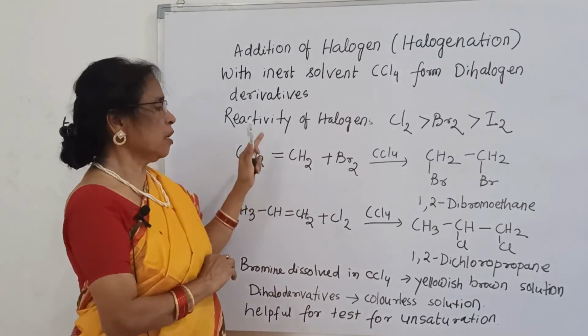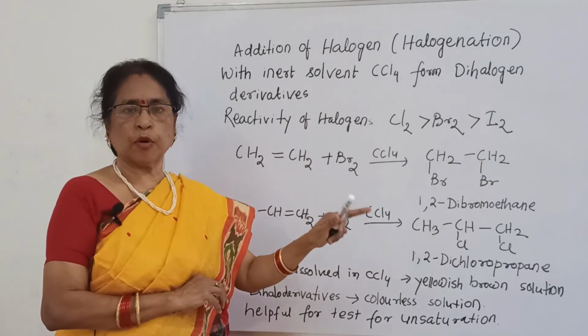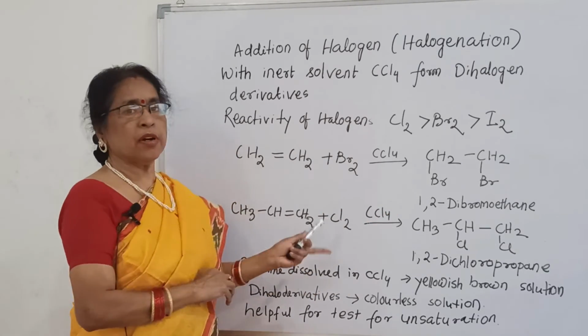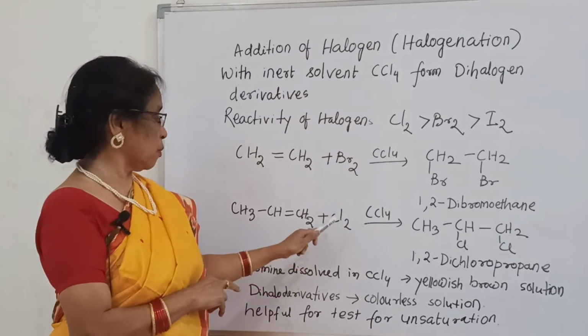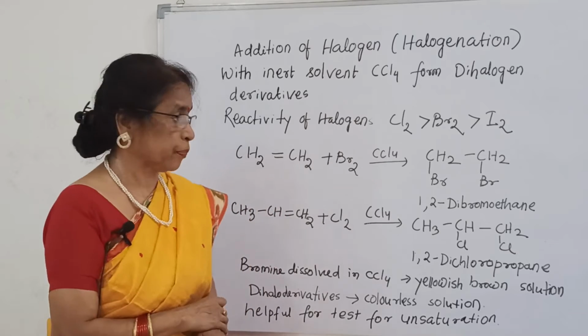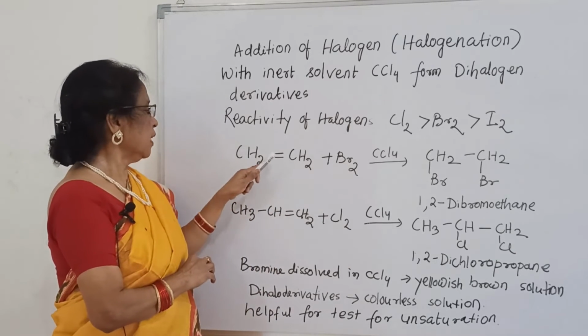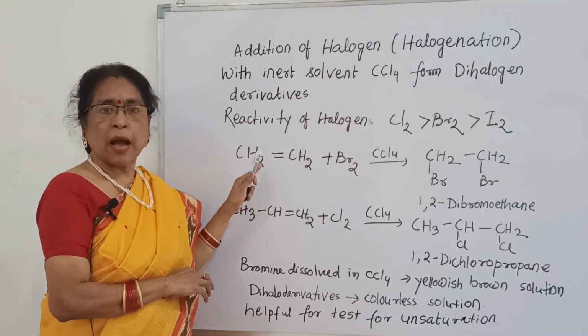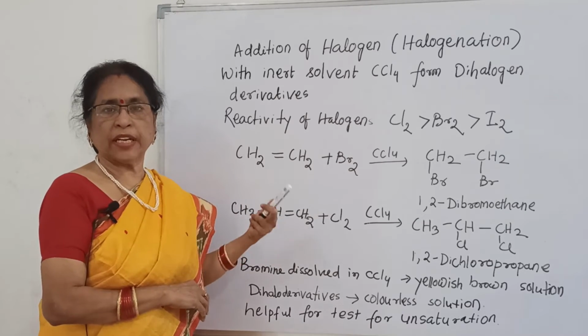Since 2 carbon, 1,2-dibromoethane. It is 3 carbon, 1,2-dichloro, because chlorine you have taken, 1,2-dichloropropane.